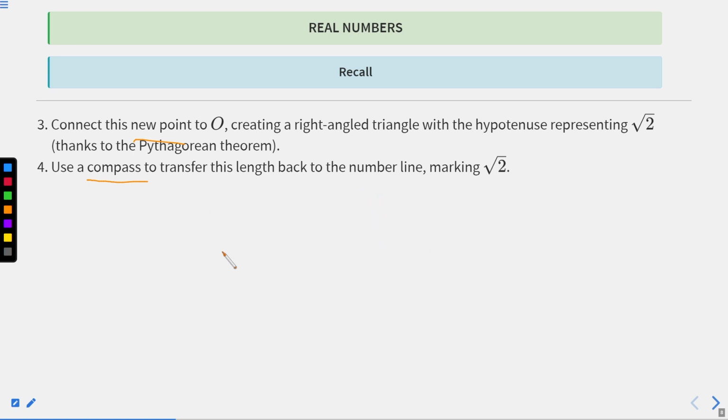Basically, first we take a number line. Suppose this is our number line.